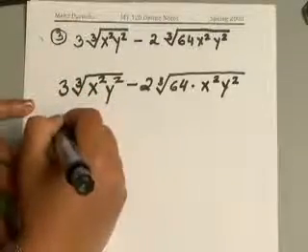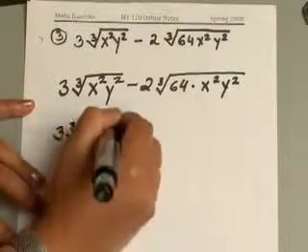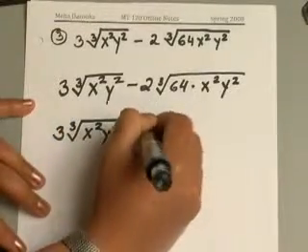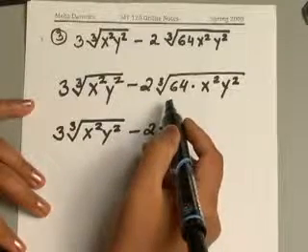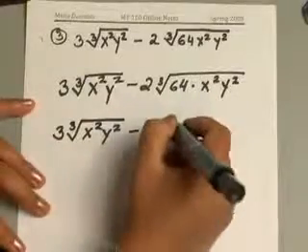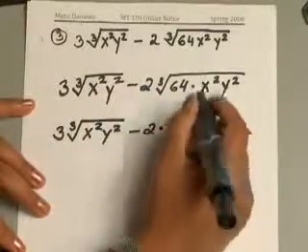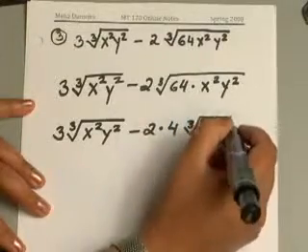So if I go ahead and simplify this, my first term stays the same. I have 2 on the outside. Now cube root, we're not talking square roots here, people. We're talking cube root. So cube root of 64 is 4. And then you're left with the x squared y squared inside your radical sign.